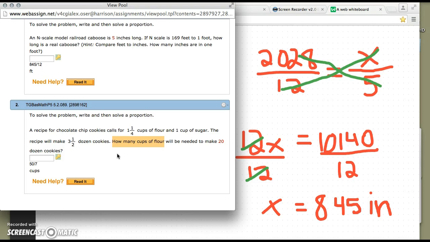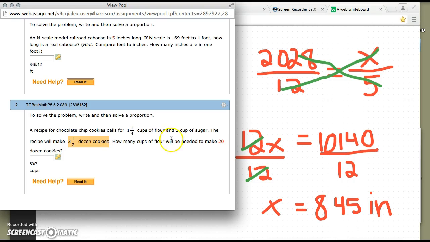Well, do we know how much flour it takes to make a dozen cookies or some amount of cookies? We do. It says a recipe for chocolate chip cookies calls for 1 1/4 cups of flour. The recipe will make 3 1/2 dozen cookies. So we know how much flour it takes to make 3 1/2 dozen cookies.